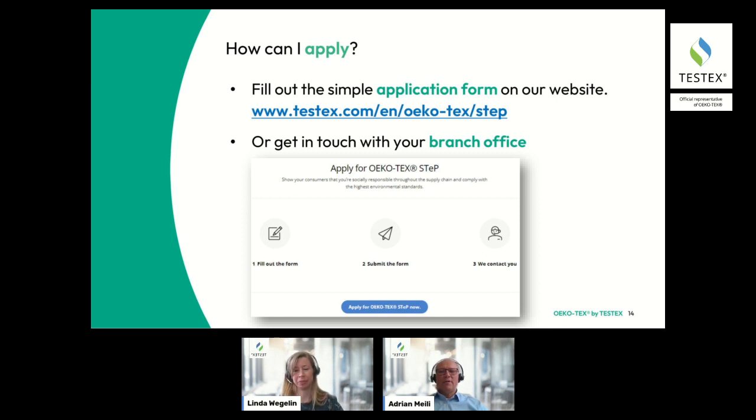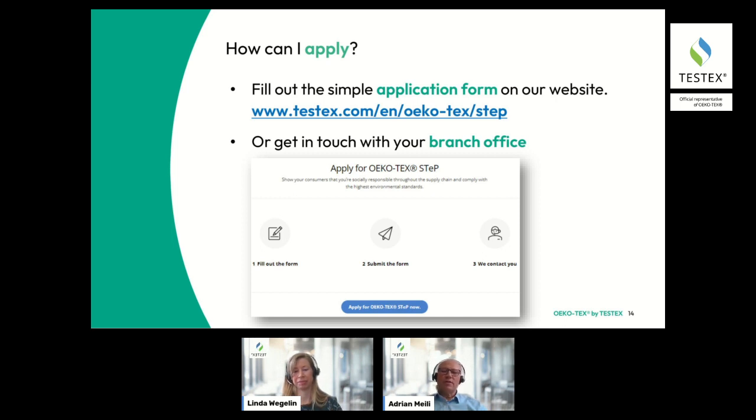For all attendees who are not familiar with STEP, they can go on our website and just click on the link for the application form. They can apply very easily by filling out an application request, and this request will be sent to me, and I will refer it immediately.